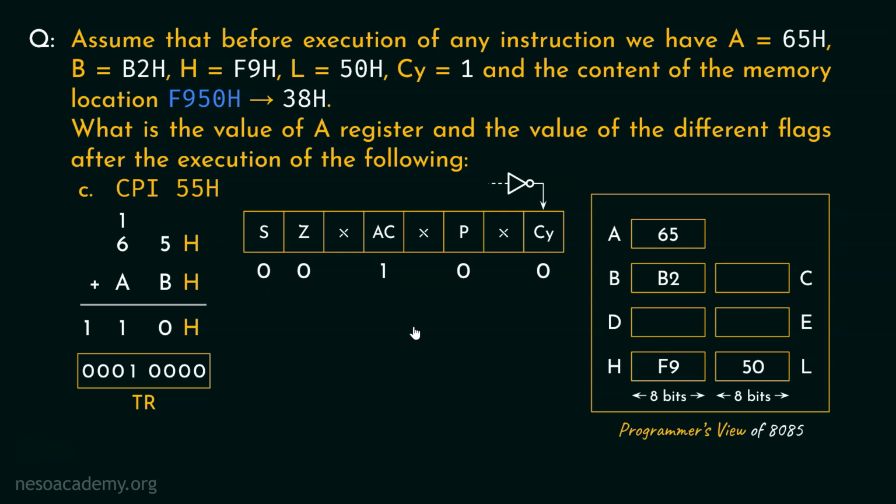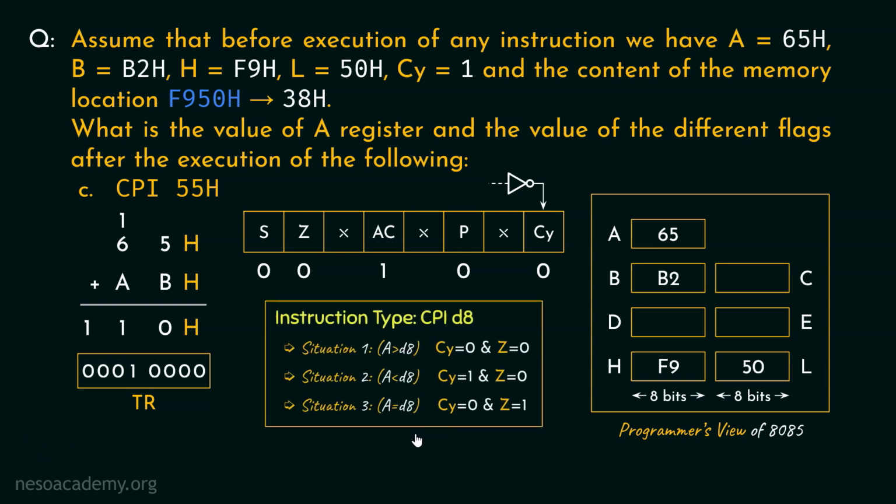Now can you tell me which value is greater? Well, we are human beings and we can directly say 65 of hexadecimal is definitely greater than 55, but can the microprocessor figure it out? Well, for that we will need this chart. We executed the instruction CPI 55H, which falls under the instruction types category CPI D8.